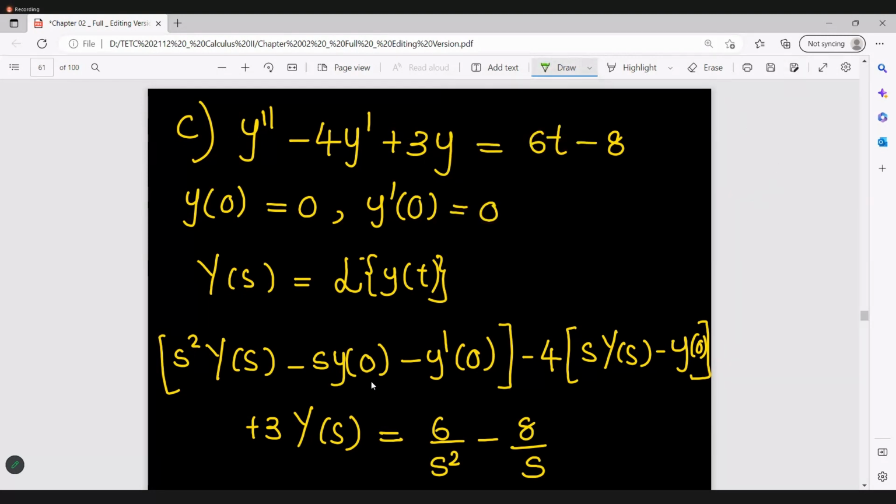Once we have obtained this expression, we can substitute the initial conditions. Here y0 is equal to 0, y dash 0 is also equal to 0, and again y0 is equal to 0.